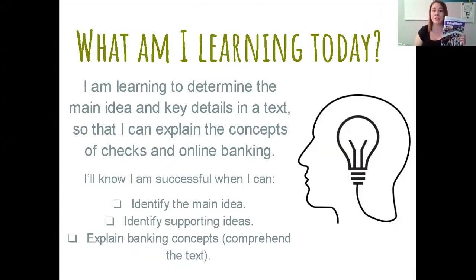So what are you learning today? I'm learning to determine the main idea and key details in a text, which we've done before, specifically so that you can explain the concepts of checks and online banking. We want to take the main idea and these details to explain what the author is talking about in our book, Using Money.